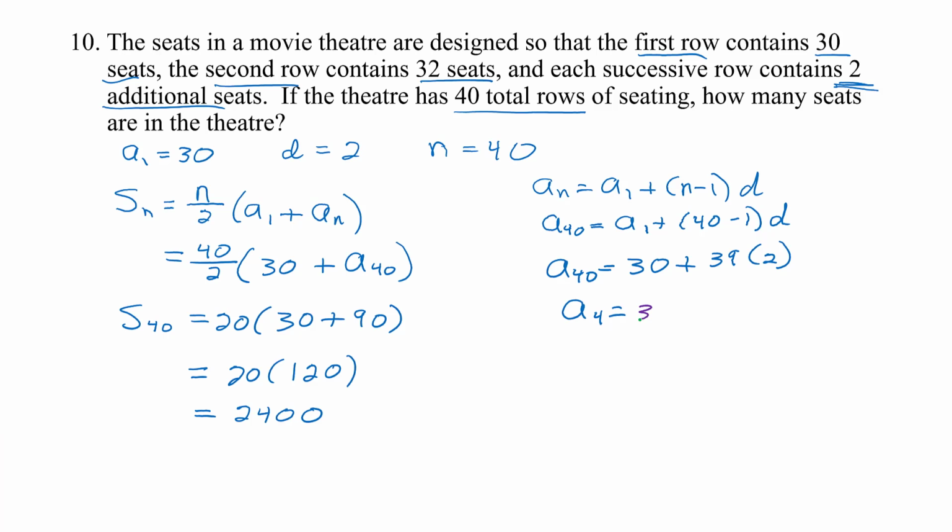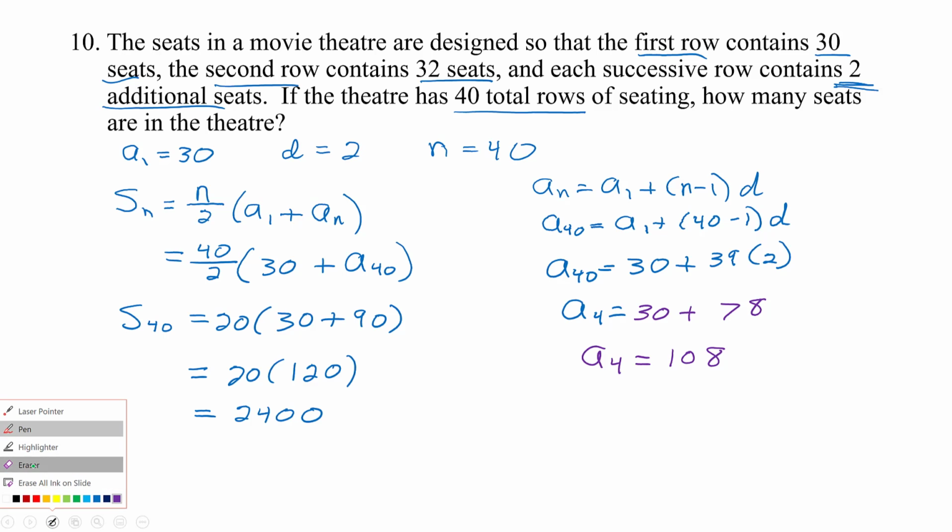So that would be 30 plus 78. We should get a sub 40 is equal to 108.